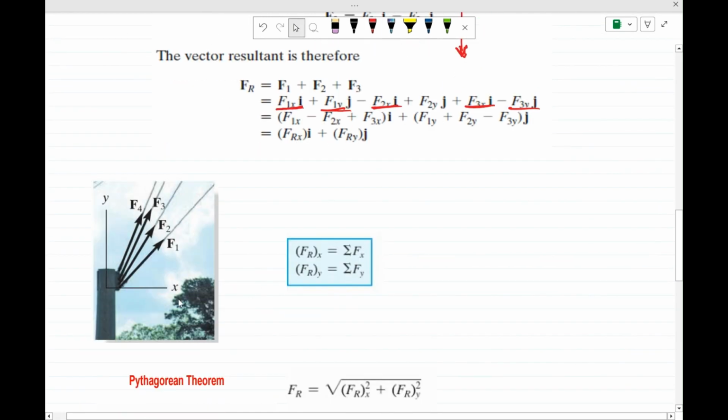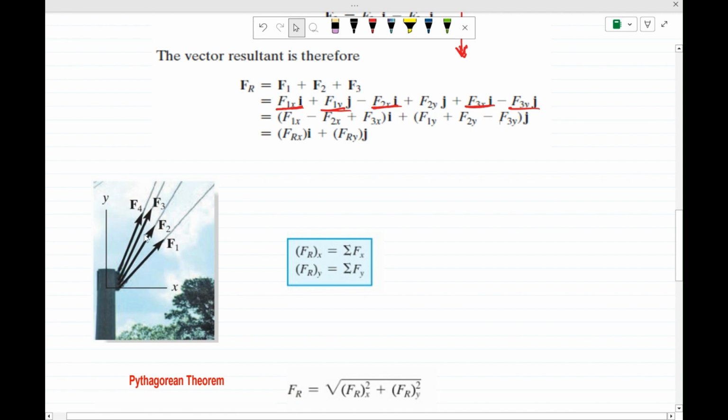So to summarize, when many forces are acting on the same point, we sum all of these forces together to get the resultant force. But each force first has two components on the x and y axes.